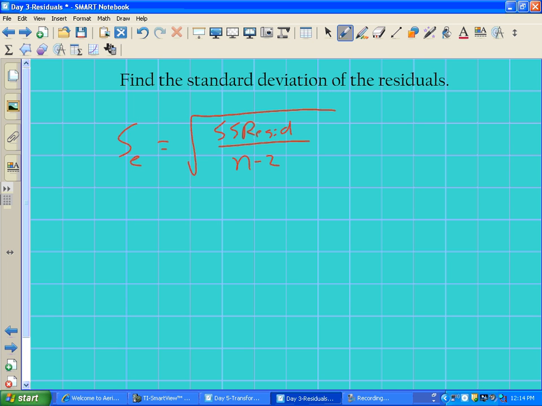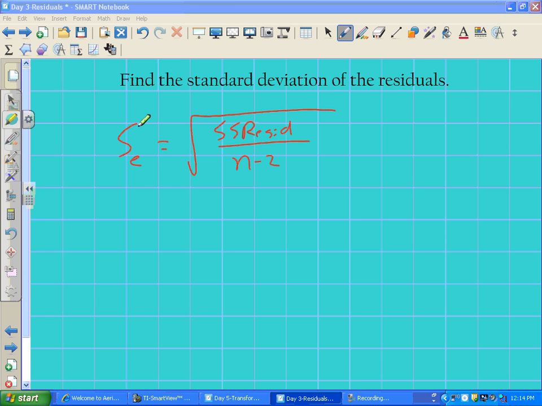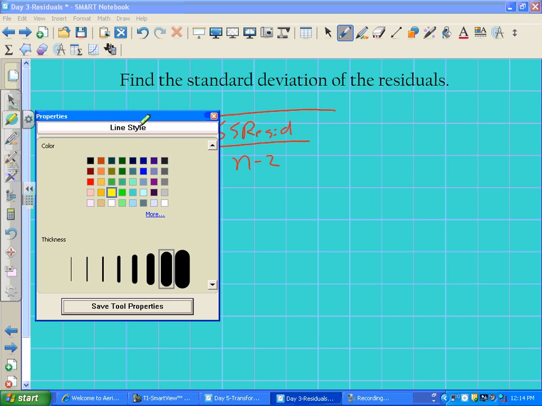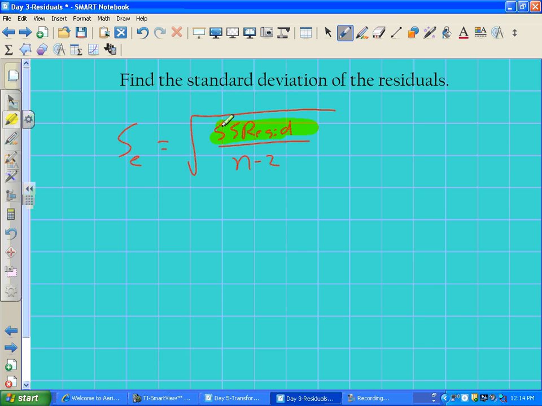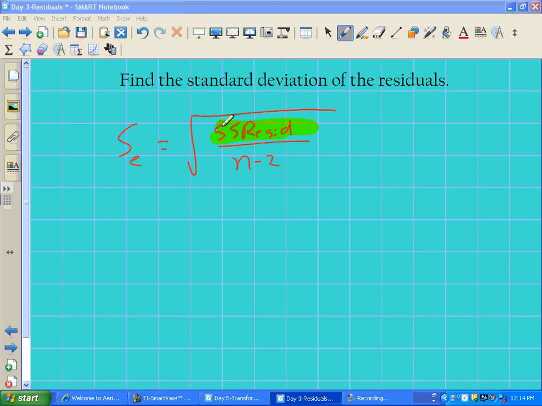I will tell you that I won't have you calculate this by hand. Well, today we're going to calculate by hand, but that's going to be the only day that we're going to do it, because I want to look at where the standard deviation is coming from. It's coming from our residuals. So that's the sum of the squares of our residuals divided by n minus 2, square rooted. Okay?